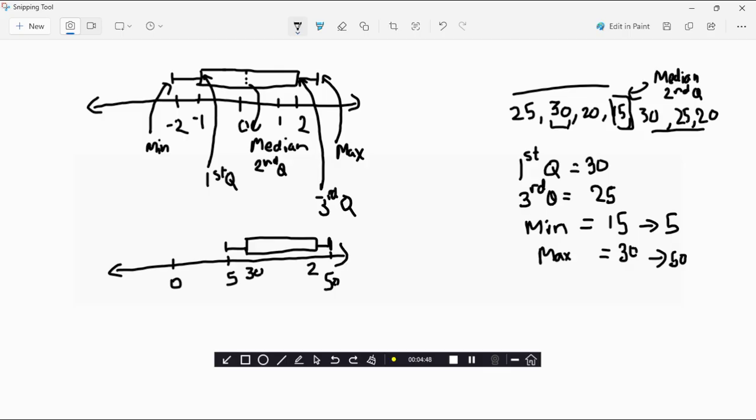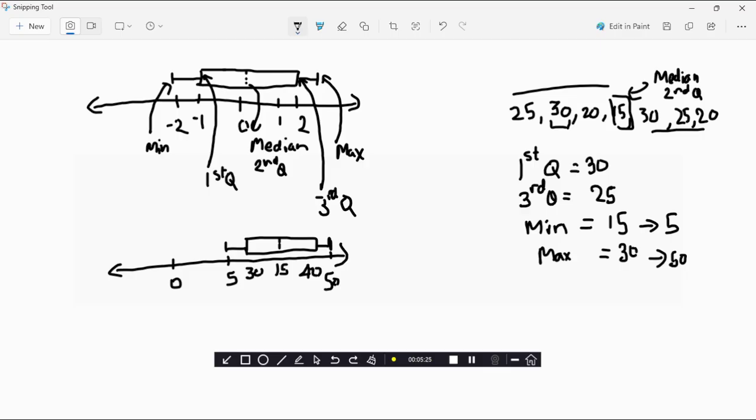Because this is a number line, just for demonstration, if this was 40, it would show up on the number line as 40 over here. And right in the middle is your median, or your second quartile, which is 15. This is basically how you would jot down your box whisker plot.